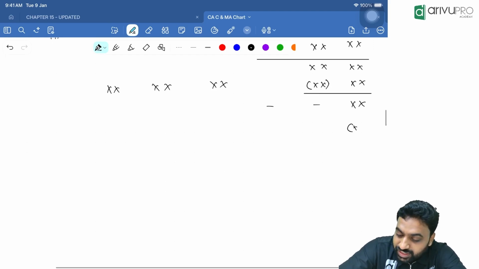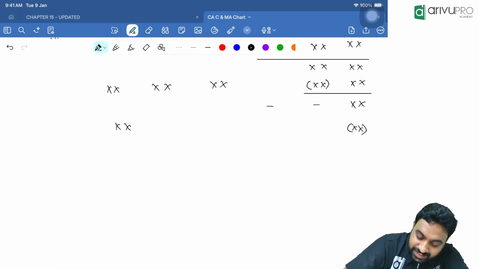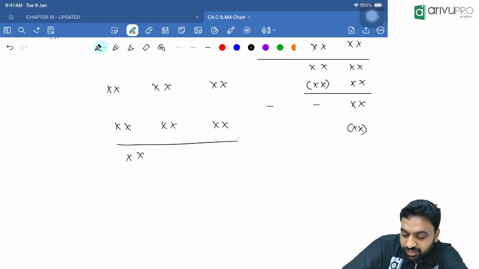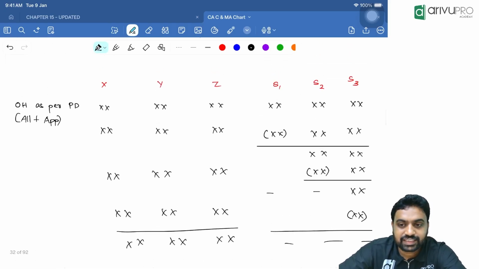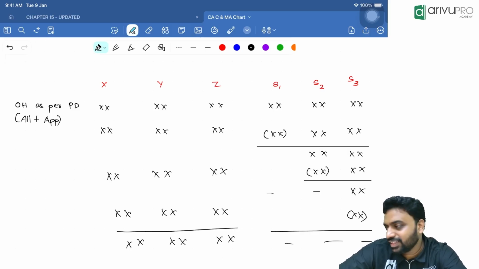Moral of the story, whatever is there in S3 will get allocated only to the production departments. Now the overhead of the service departments became nil, and the production departments have the overheads. This kind of thing we call the non-reciprocal method. What do we call it? Non-reciprocal method, or we call it the step method.